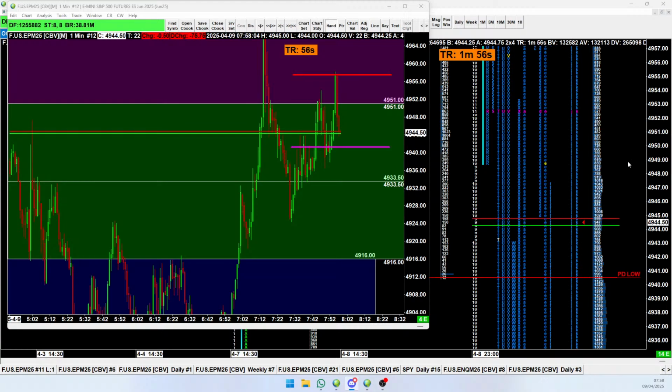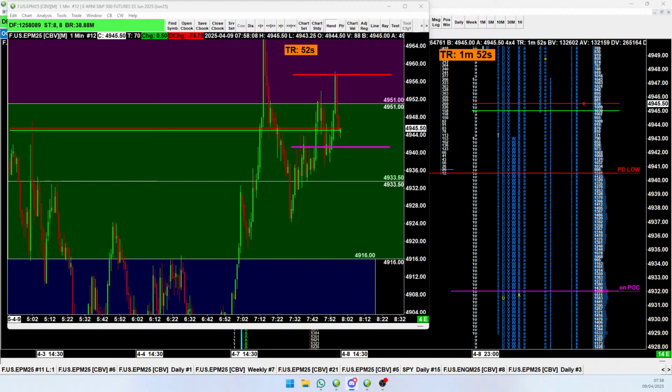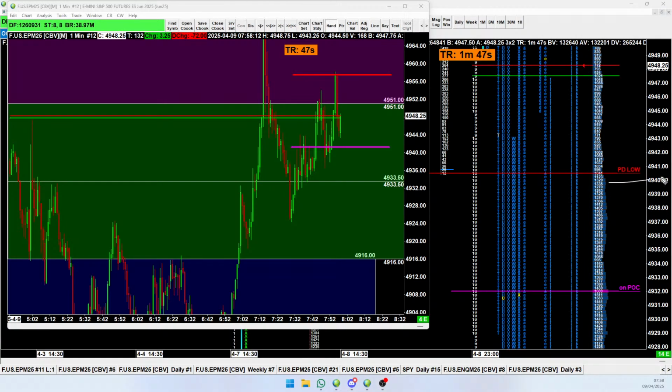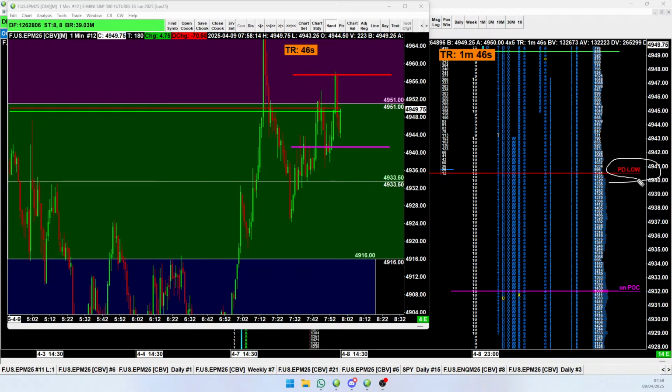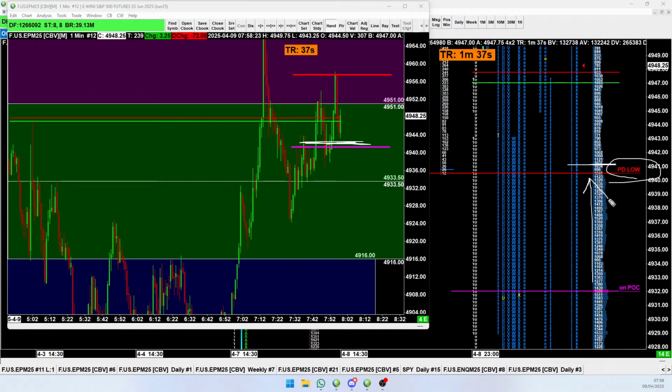Yeah, what we're looking for also, isn't it interesting that that 41 is right where the previous day low is? So if we start to catch bids at VWAP and 41, that means people are short underneath yesterday's low.